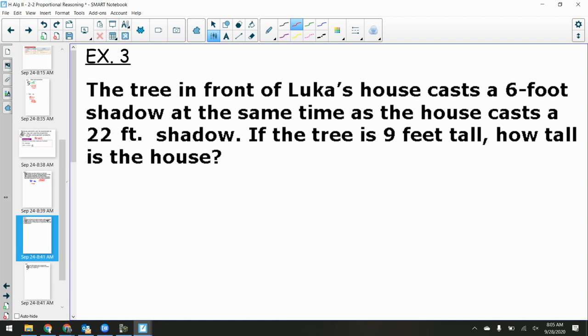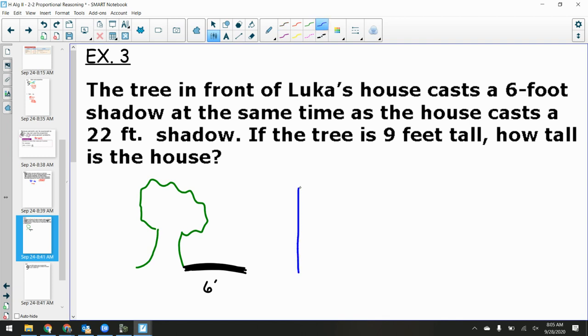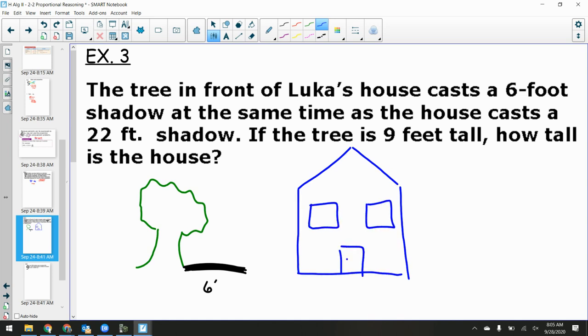Let's get artistic, people. Okay, the tree in front, that's a tree. The tree in front of Lucas' house casts a 6-foot shadow. At the same time, his house, blue house. Here's the door. Window. Window.